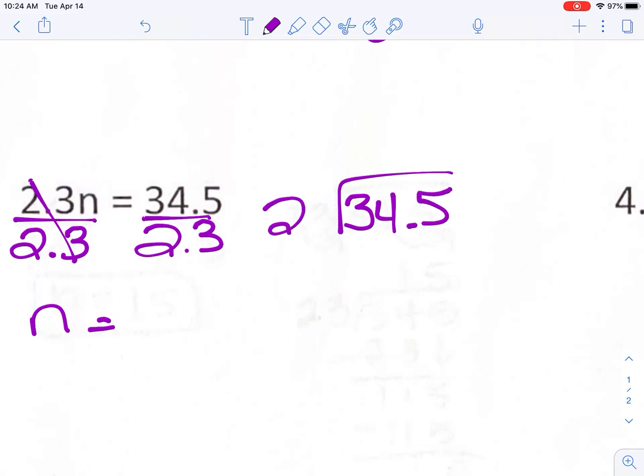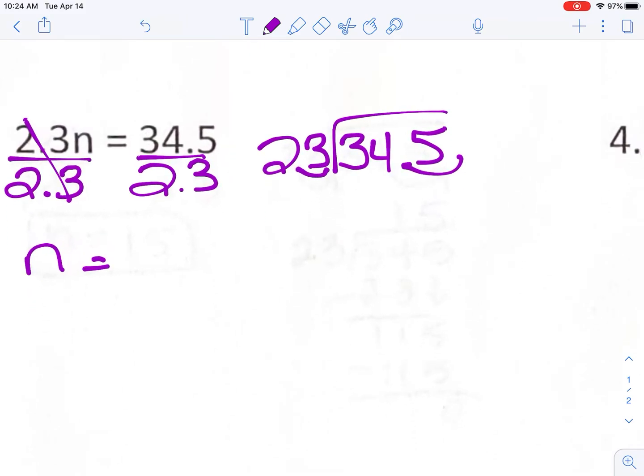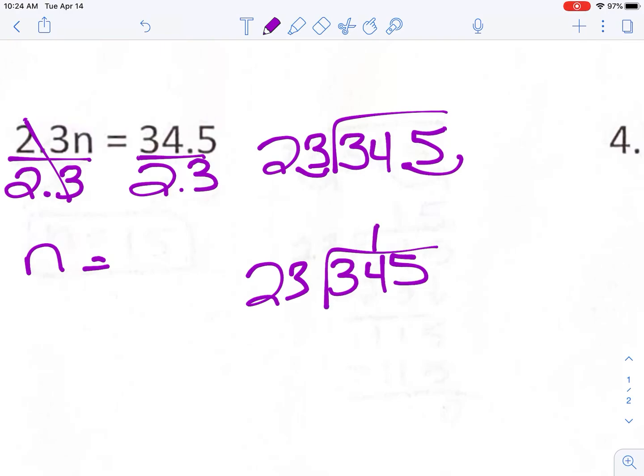We have 34.5 divided by 2.3. Remember, you may not have a decimal on the outside, so we're going to move the decimal once on the divisor, which means we have to move it once in the dividend. So I'm going to rewrite my problem. So I have 345 divided by 23.